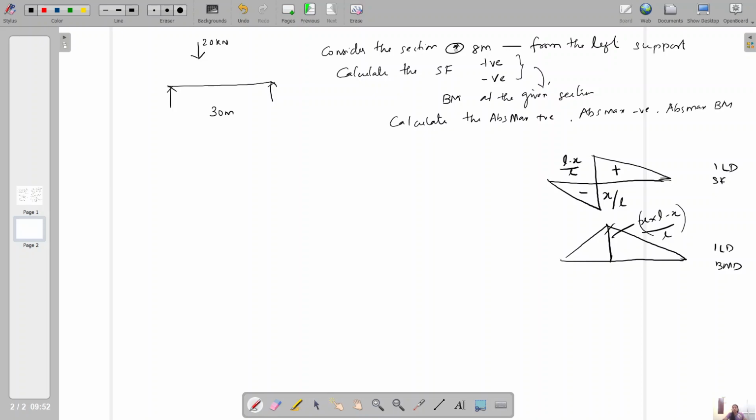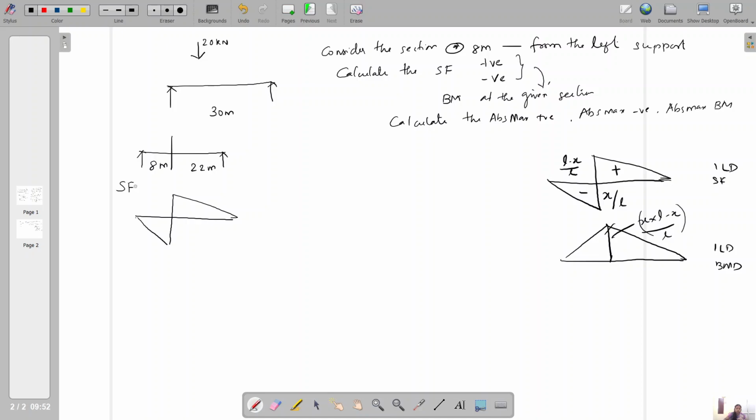Here I have mentioned 8 meter from the left support. So I am going to mark the section at 8 meter, so that 22 meter remains. Next I am going to draw directly the ILD for shear force.